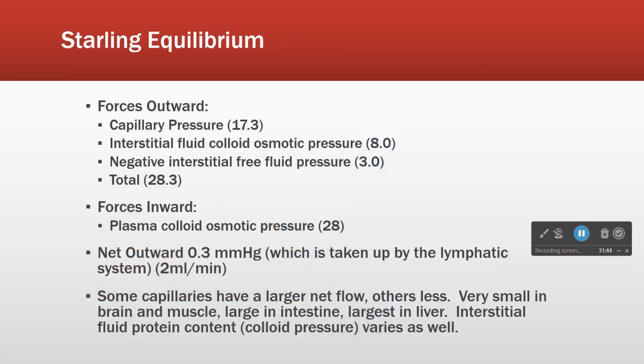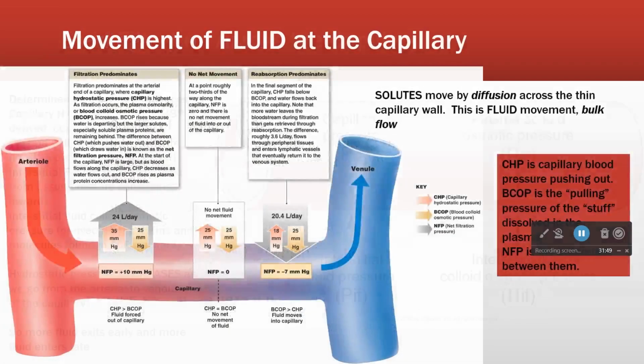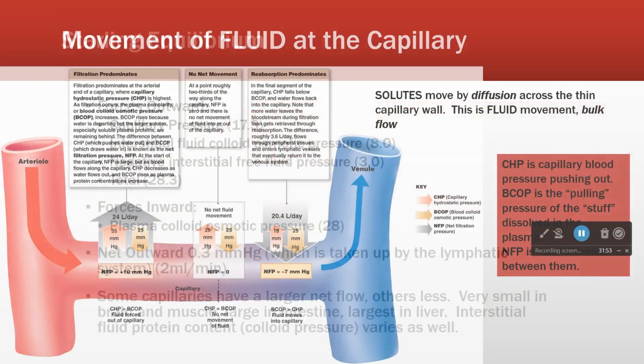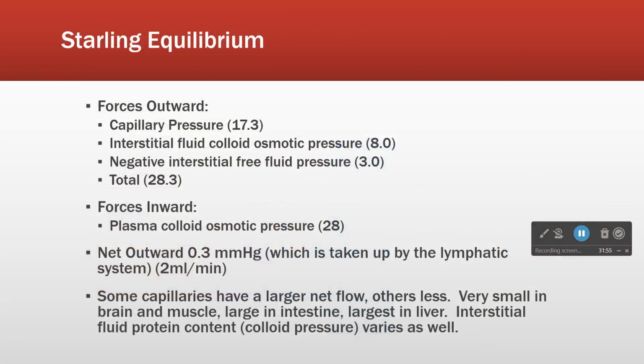All right, so if we take all of the forces together, remember this is just including the plasma forces, but if we include the interstitial forces too, then we get what's called the Starling equilibrium. Not to be confused with the Frank-Starling relationship, okay? Same guy, Dr. Starling, different discovery. So Frank-Starling, remember, is as EDV goes up, ESV goes down.